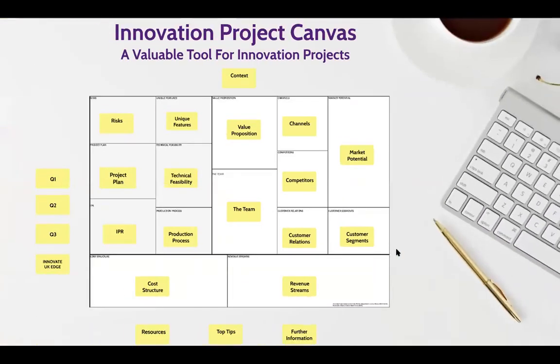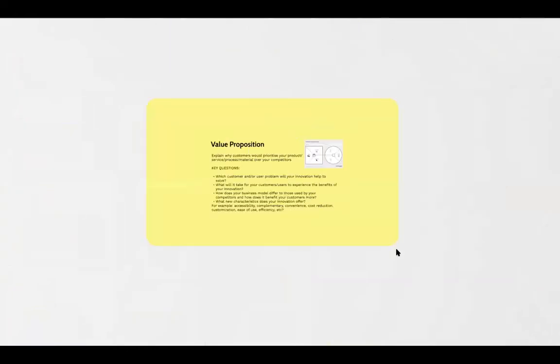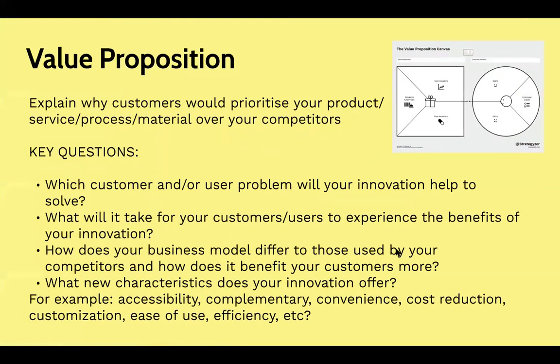And then going further from that, so we've got the big picture market potential, we've got the customer segments we're drilling into, then we start looking really granular into the value proposition that you've got. And this is trying to clearly provide the answer and explain why customers would prioritize your particular product or service or process or material over that of your competitors.